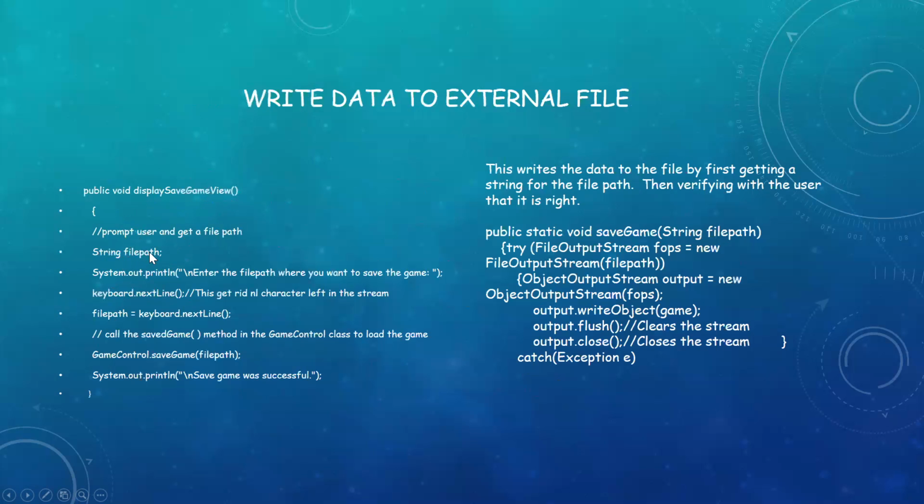We prompt the user with the file path, and the system prints, "Enter the file path where you want to save the game." Then we save the game, and a message comes up saying that the game was saved successfully.